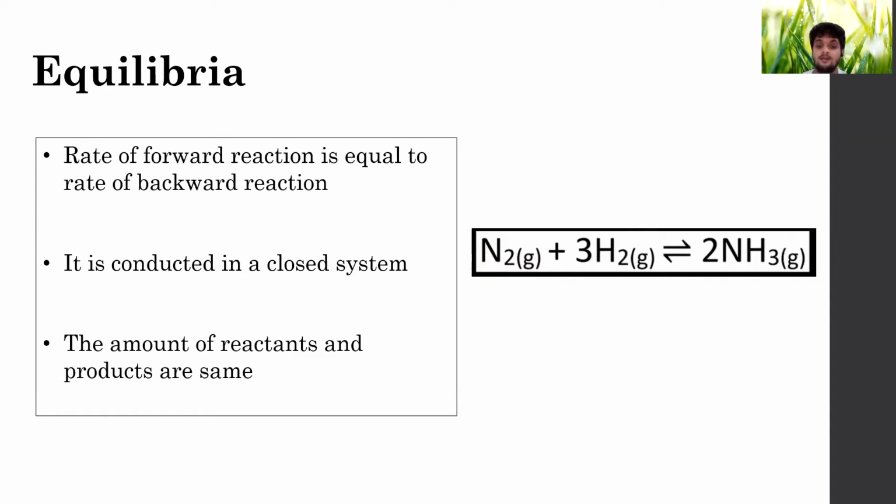And the other thing is that the amount of reactants and the amount of products should be the same. That means the amount of material on the right hand side should be equal to the amount of material on the left hand side. Simple as that. If you have all these three conditions satisfied, then you have achieved equilibrium. Your reaction is in a state of equilibrium.